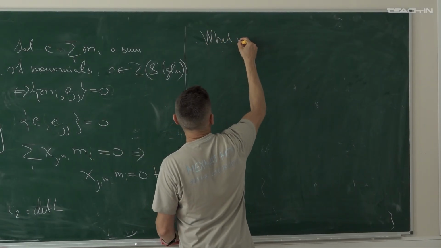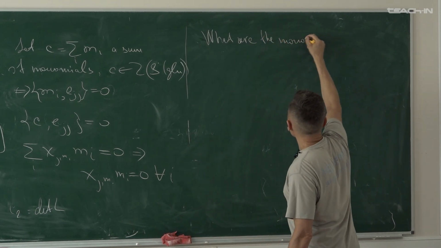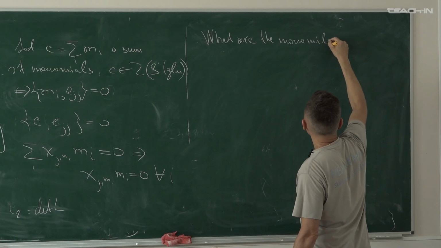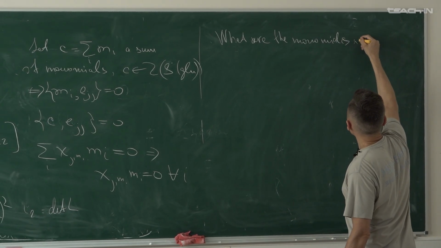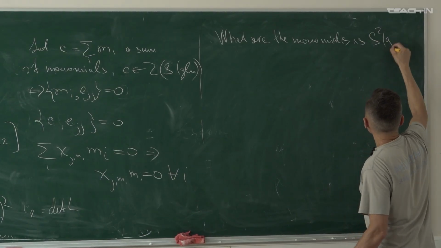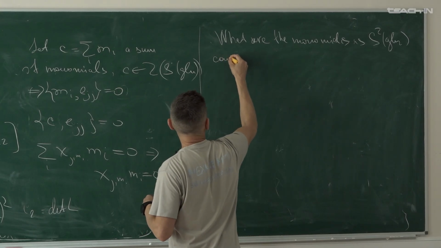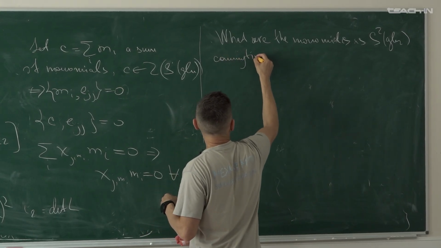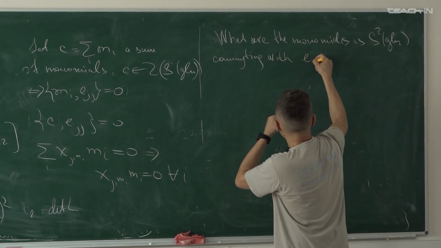What are the monomials in sl2 or gl2 commuting with E_ii?